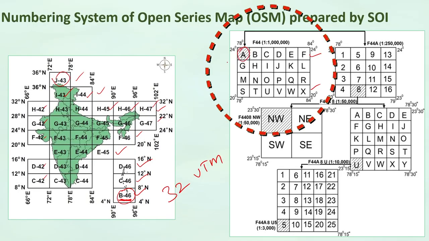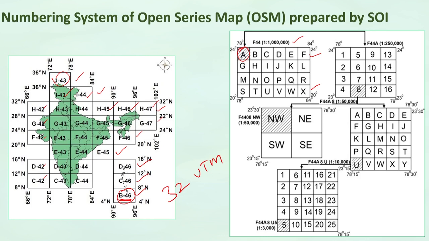Again, for example, in that case the map will be called a 1:10 lakh scale map. I mean, this type of scale map is called a 1M map, a 1 million sheet. If that map shows 1 by 24th of 1 UTM zone, and it is again subdivided into 16 parts, suppose the 8th subdivision is mapped, then that is actually a 1:50,000 map, as I showed you in the open series map 2-3 minutes before.